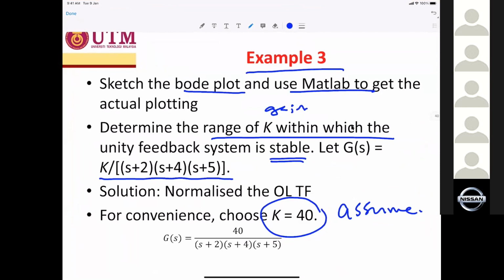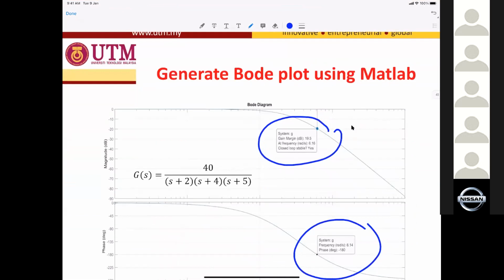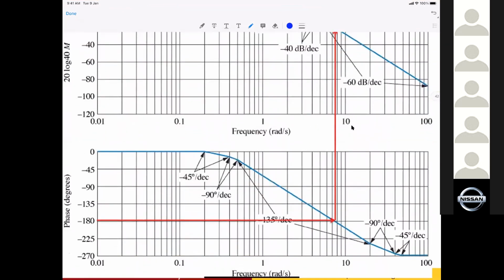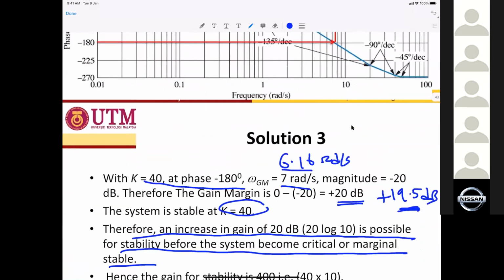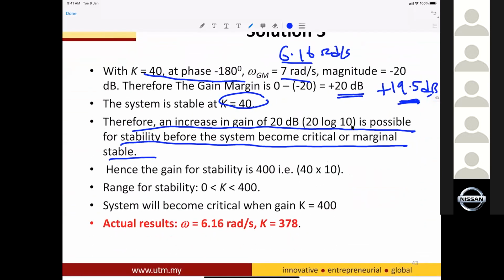Okay, Nick. Thank you so much, Doctor. So this one he gave 400, but 400 just now is negative, right? Actually below it. I think it's about 378. Okay, so you will get critical.